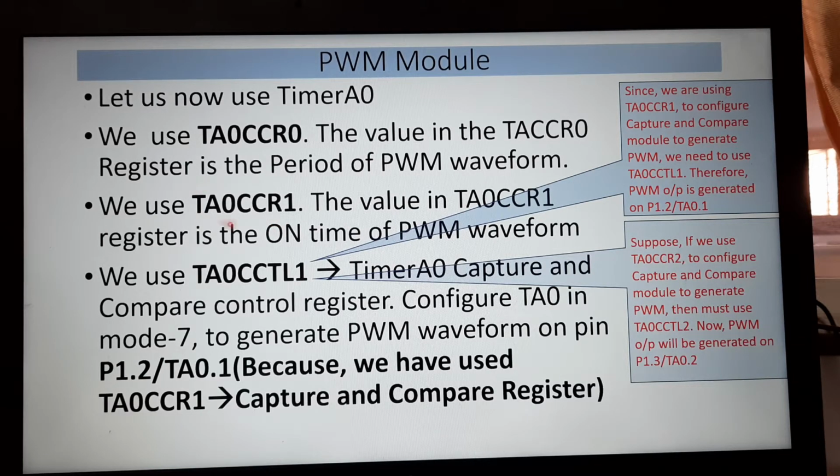To this register I am loading a value, and this will be the on time of the pulse width waveform. And this is the control register. Using this register I am configuring the CCP module in mode 7 so that it can generate the pulse width modulated waveform. The waveform is available on pin P1.0, multiplexed with TA0.1.